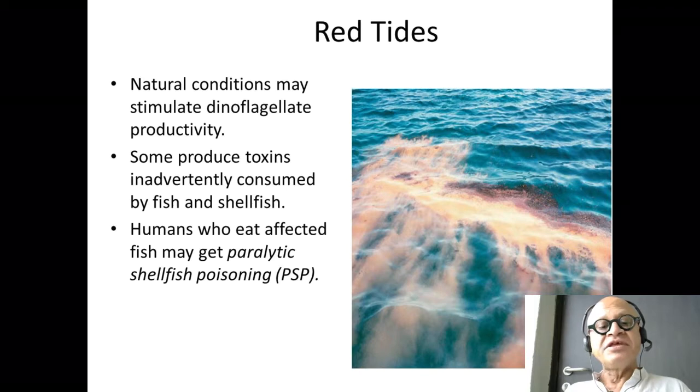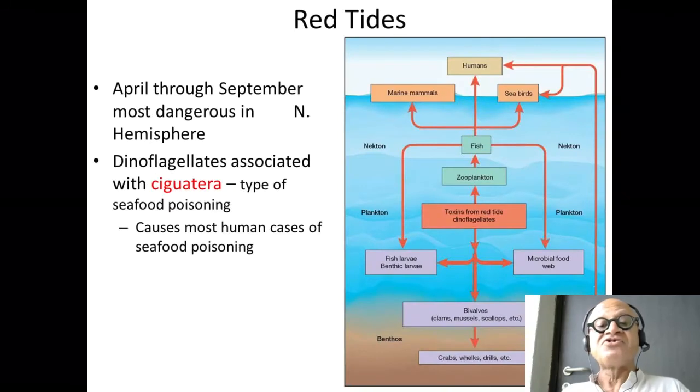Okay, so humans eat affected fish without knowing, and you might end up with things like paralytic shellfish poisoning, where you feel temporary paralysis from the poison from the fish, the toxin from the fish. Typically not dangerous, but it can be. There are cases where people have been seriously injured or even dead.